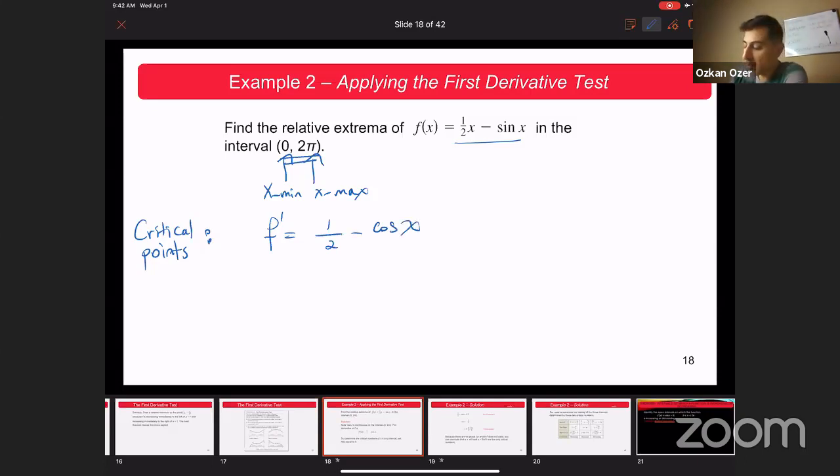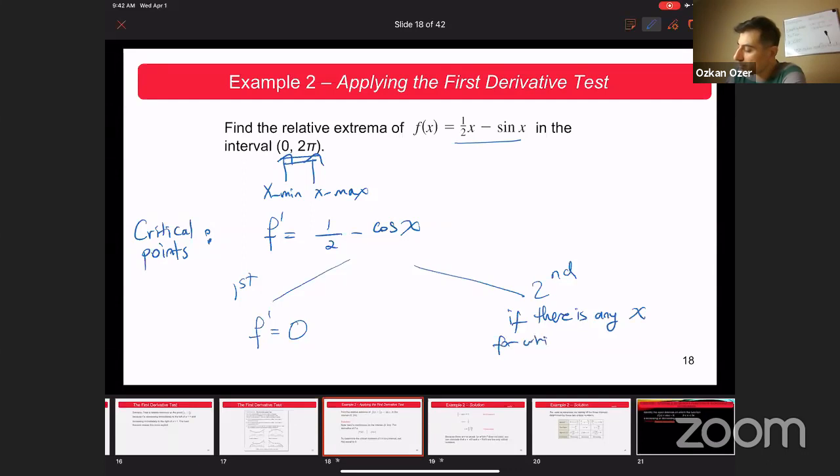There are two kinds of critical points, first and second kind. The first kind is found by setting f prime to 0, and the second kind is checking if there is any x for which f prime is not defined.